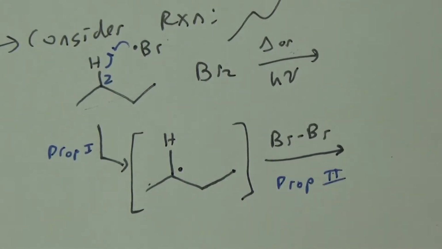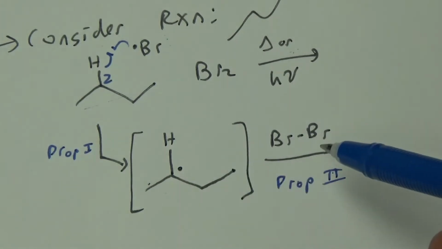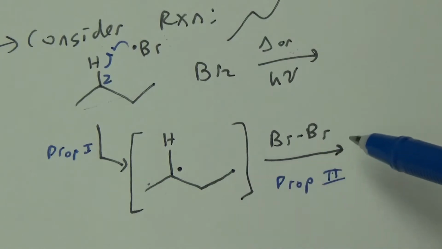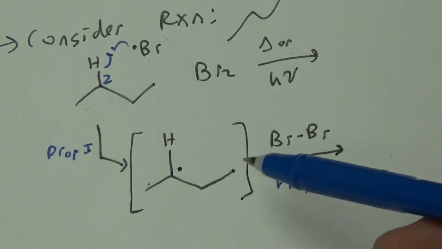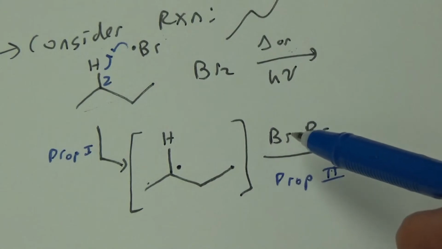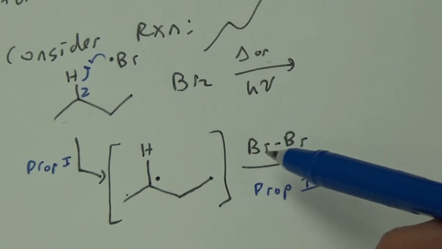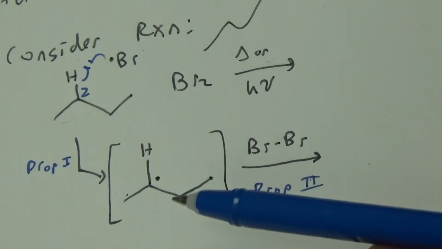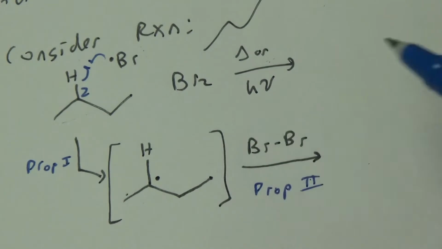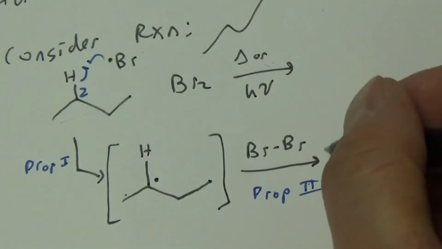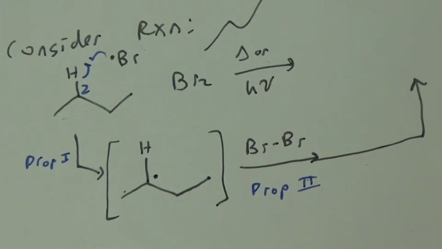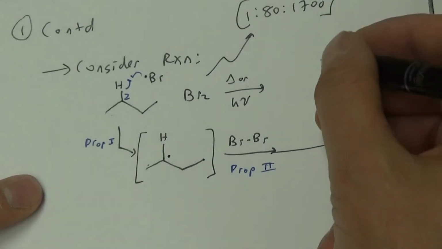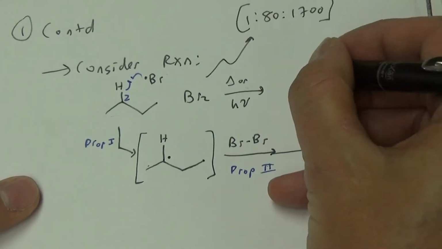And when this radical attacks Br, it's going to form a new chiral center, a stereogenic center, right? Because it can either attack from the front, where the Br comes in the front, or it can attack from the back, and the Br will come to the back. And so what are those two molecules? We didn't consider this in chapter 3 because we didn't know about stereochemistry. But in reality, there are two products. One is this.